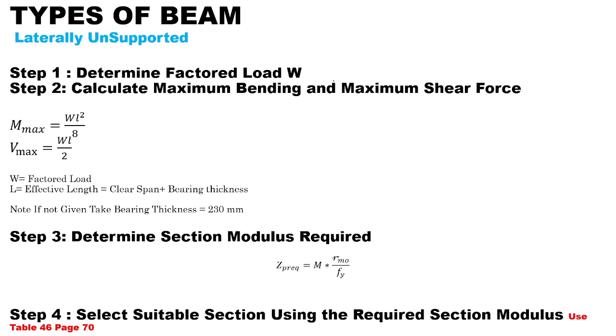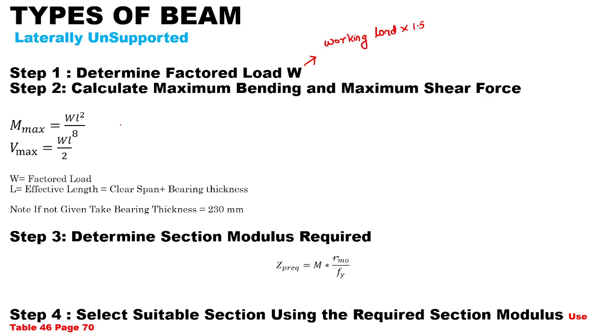So, just like in the case of laterally supported, we will multiply the working load by 1.5. After determining the factored load, we will calculate the maximum moment and maximum shear force.